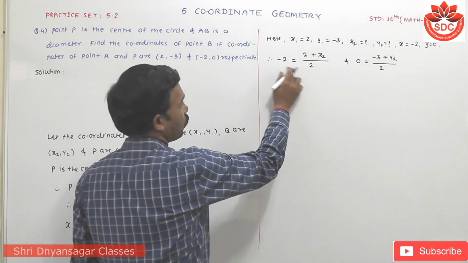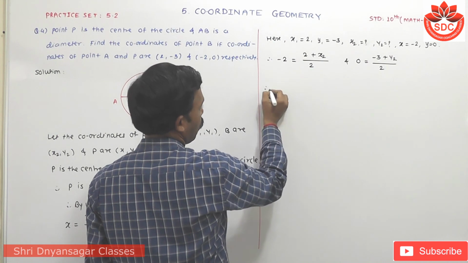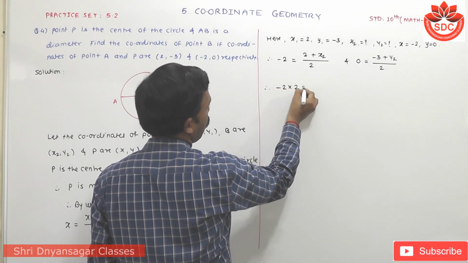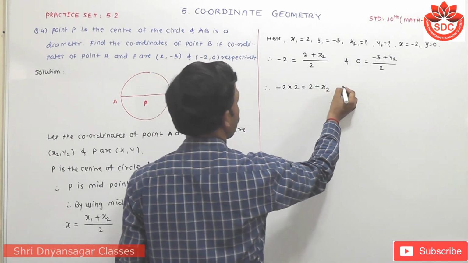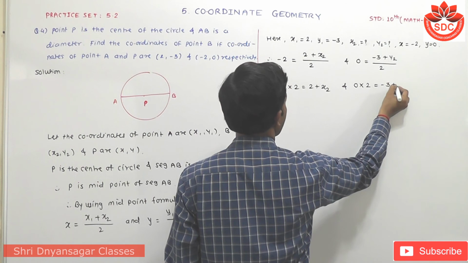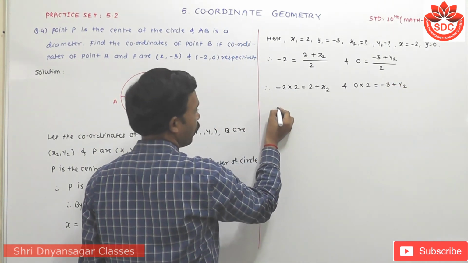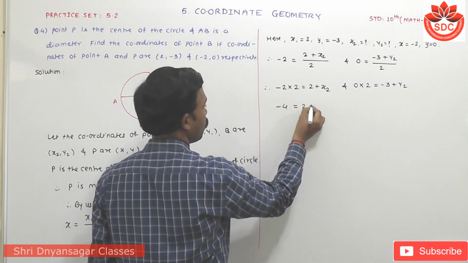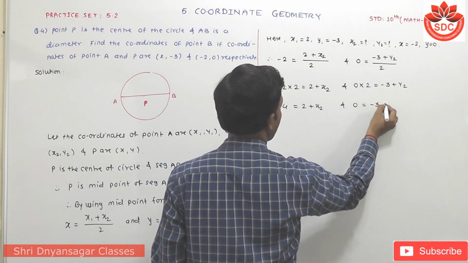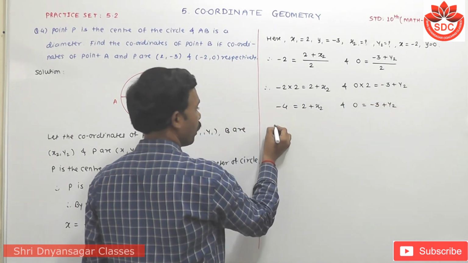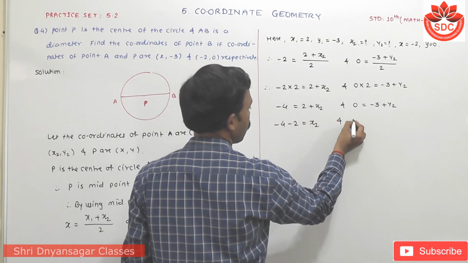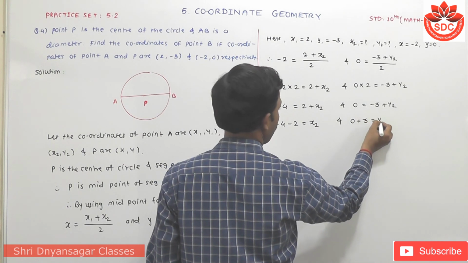Then these 2 go to the numerator, that means -2 into 2 is equal to 2 + x2 and 0 into 2 is equal to -3 + y2. Then -4 is equal to 2 + x2 and 0 is equal to -3 + y2. Transposing, -4 - 2 is equal to x2 and 0 + 3 is equal to y2.